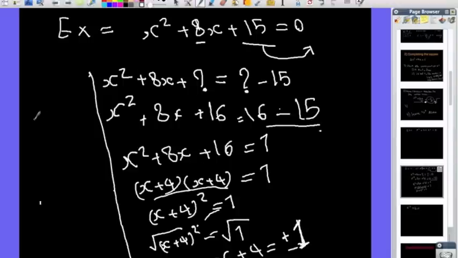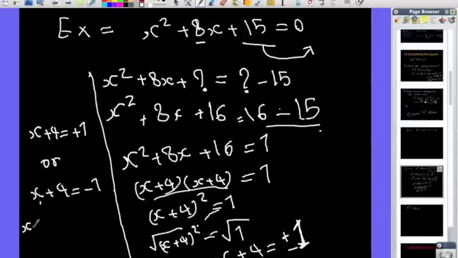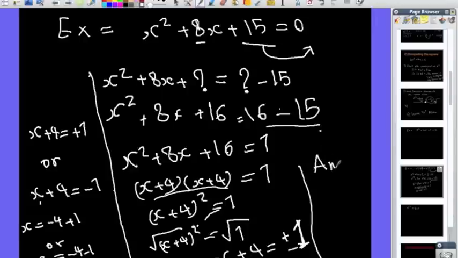So in this case we would have x plus 4 equals plus 1, or x plus 4 equals negative 1. And this would be x equals negative 4 plus 1, or x equals negative 4 minus 1. So the answers are x equals negative 3 or x equals negative 5. So that's how you do it.